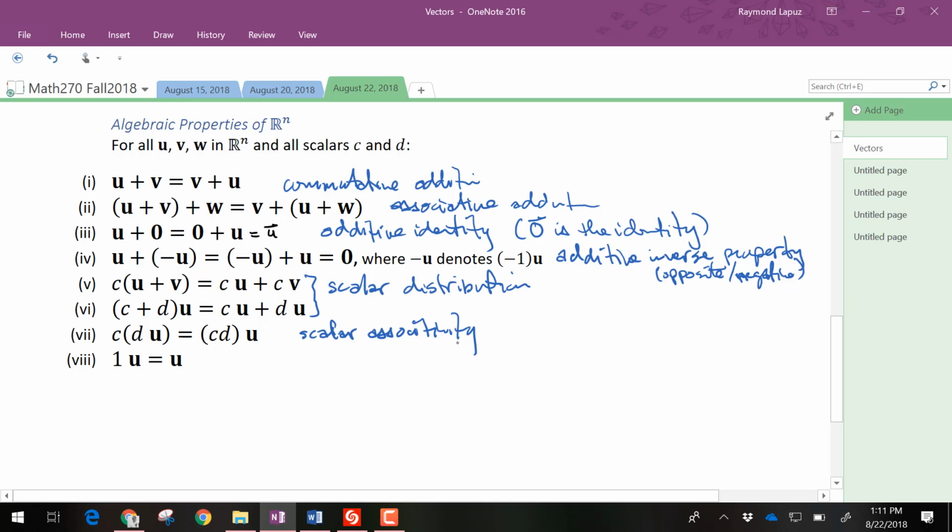And then there's a scalar identity, or scalar multiplicative identity, and that is to say, if you multiply by 1, then it's not going to change.